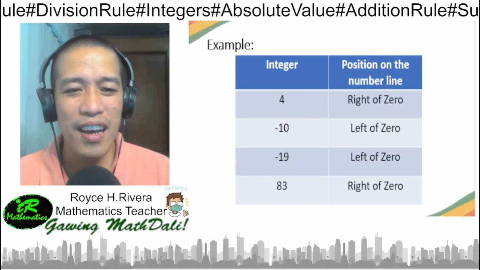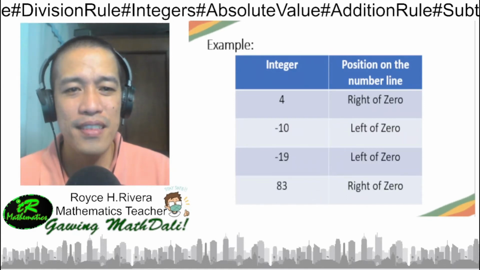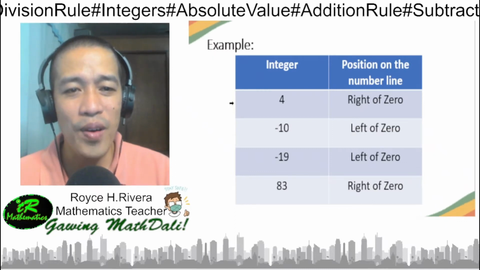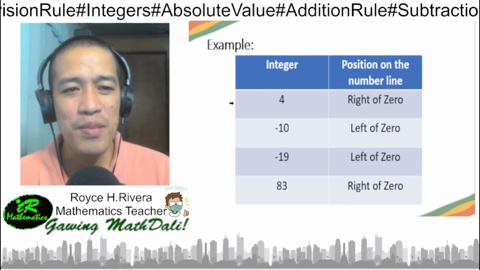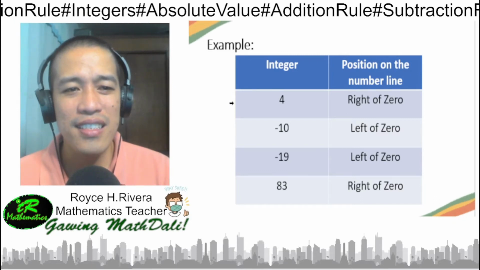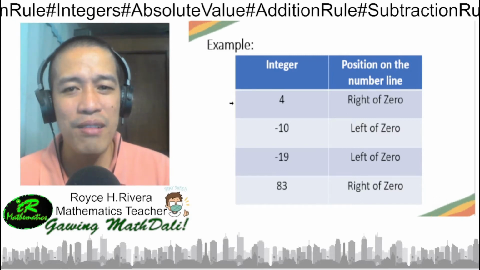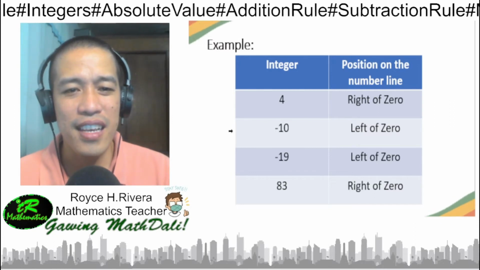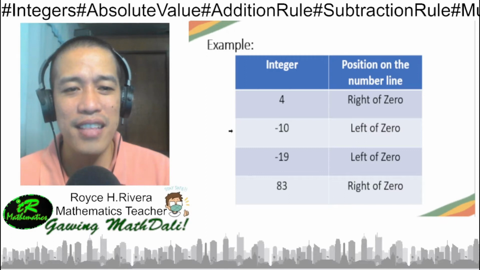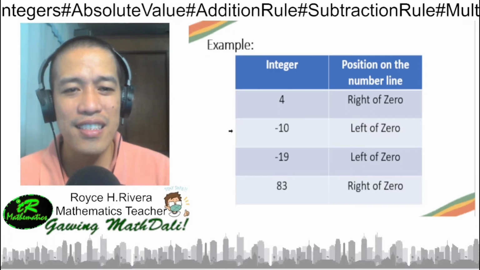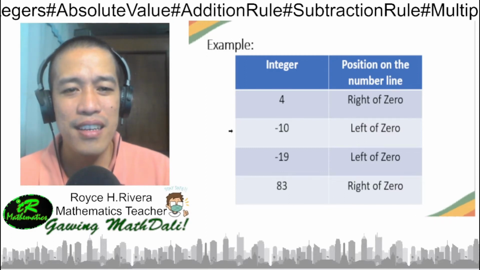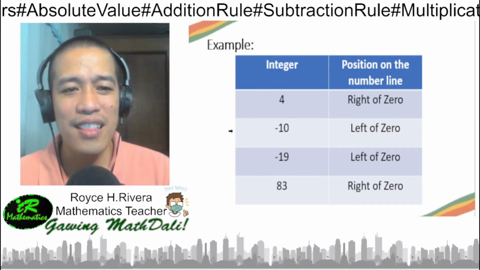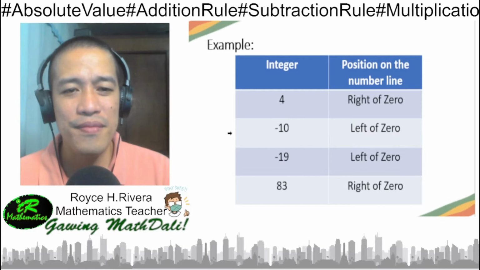Take a look at the table. The first integer is 4. Its position is at the right of 0. The second integer is negative 10. Since it is negative, its position on the number line is at the left of 0.